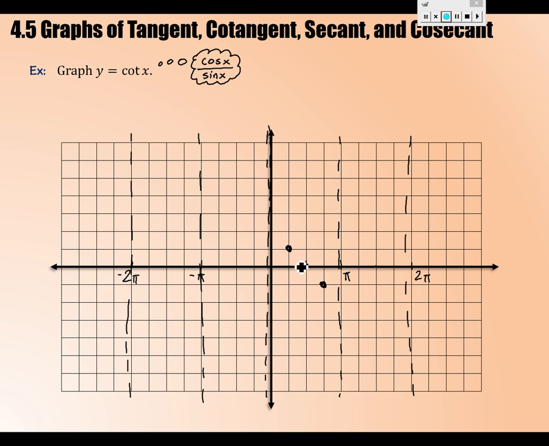There's no shame in plugging in a few points here, and you'll get these values. In fact, the tangent and the cotangent of pi over 4 are both 1, aren't they? They agree at that place. The graphs cross there, apparently. You were thinking about pi over 4, weren't you? I knew it. I was just reading your mind.